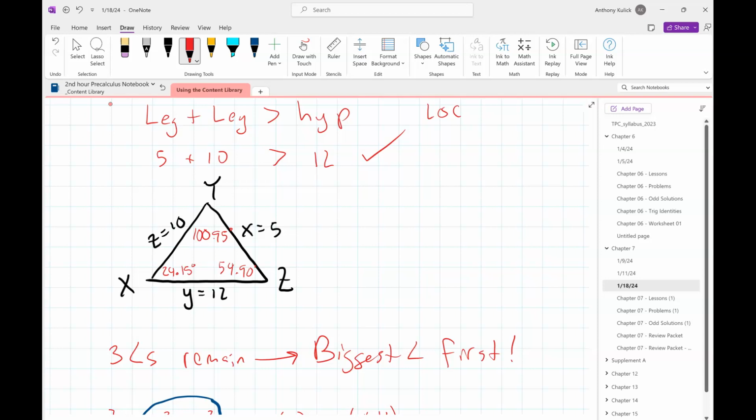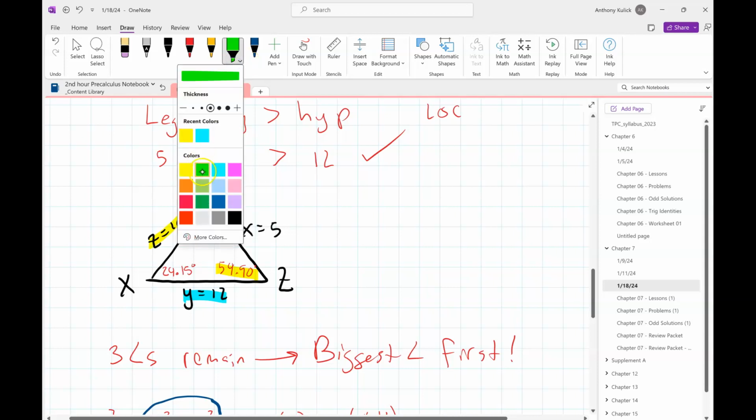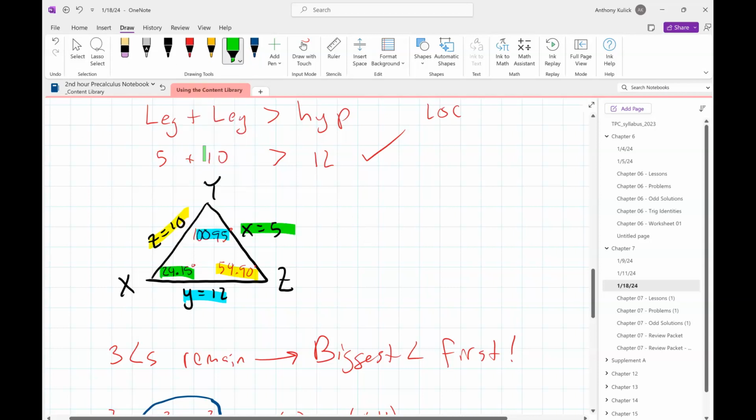Feel okay? Last thing I would do before I finish is just to do a quick little check. Make sure the biggest angle is opposite the biggest side. The medium angle is opposite the medium side. And the smallest angle is opposite the smallest side. And that all looks good.